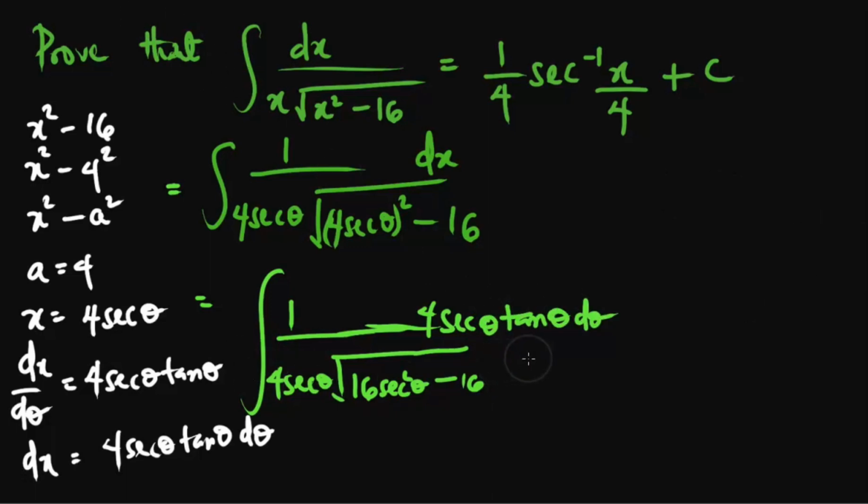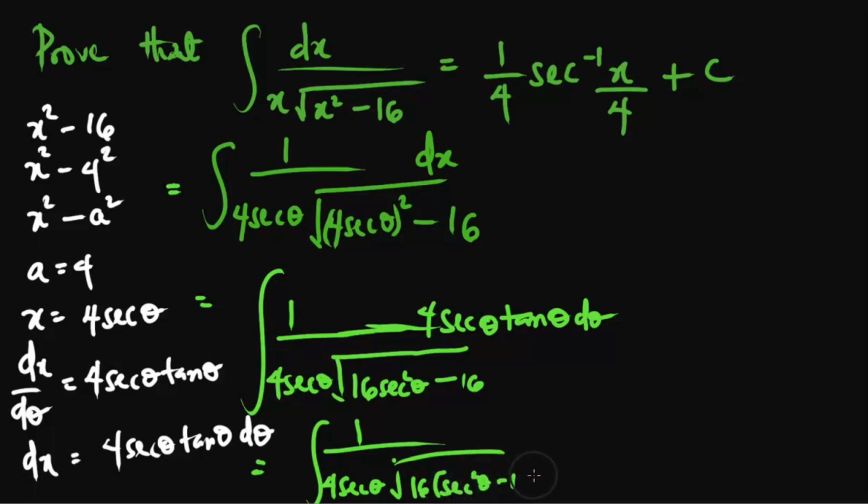Now at this point, let's simplify: this becomes the integral of 1 over 4 sec theta and the square root of 16 into sec squared theta minus 1, and then we have 4 sec theta tan theta d theta. Now how else can we write sec squared theta minus 1?